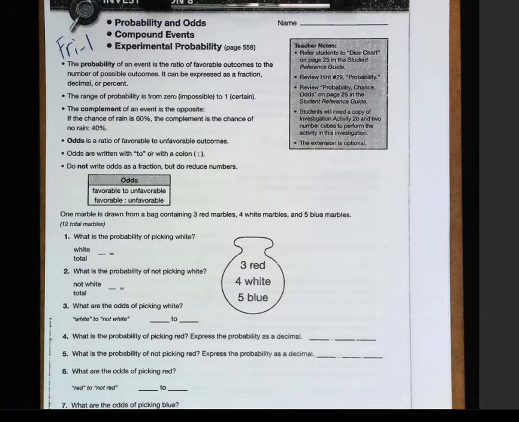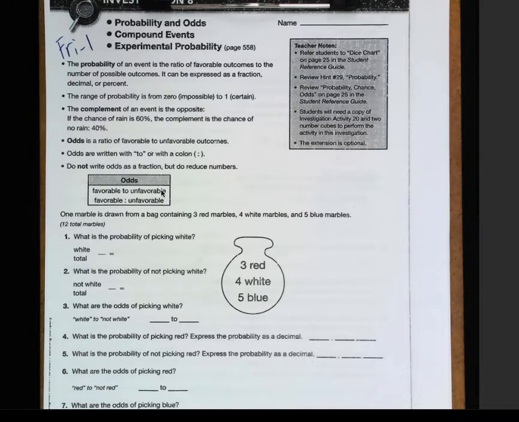Odds are the ratio of favorable to unfavorable. Odds are written with the word "to" or with that colon right here. Do not write odds as a fraction, but you do have to reduce the numbers. So if the odds were 6 to 2, we would say no, the odds are 3 to 1. I reduced it, but I can't write it as a fraction.